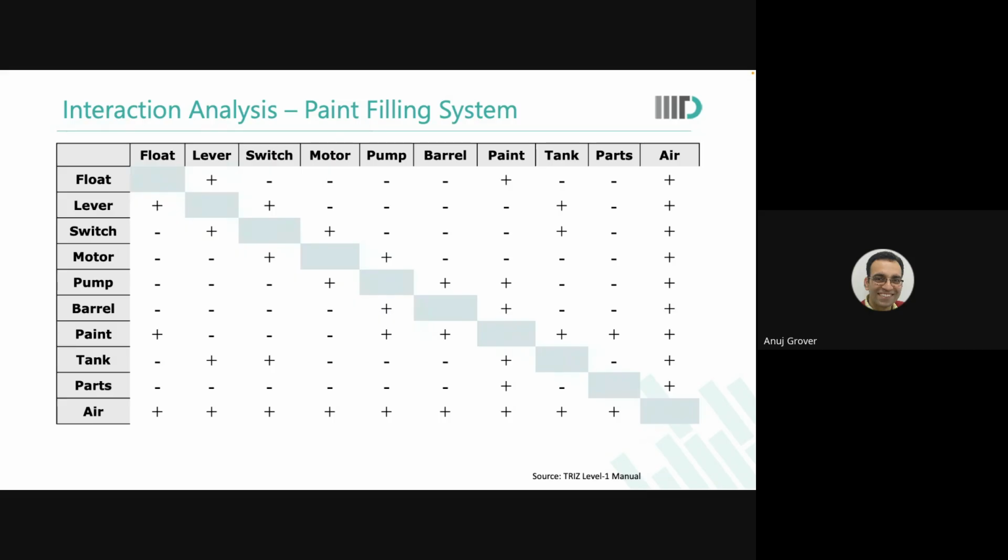So when we go further, we will see that there is a way to handle such big super system components also. But we can see. So now look at it. You will see that the entire chain, lever touches float, lever touches switch, that's it. Lever doesn't touch anything else.